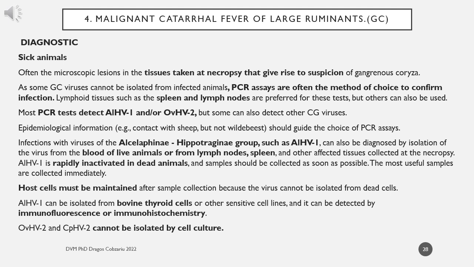Host cells must be maintained after sample collection because the virus cannot be isolated from dead cells. AlHV-1 can be isolated from bovine thyroid cells or other sensitive cell lines, and it can be detected by immunofluorescence or immunohistochemistry. OvHV-2 and CpHV-2 cannot be isolated by cell culture.